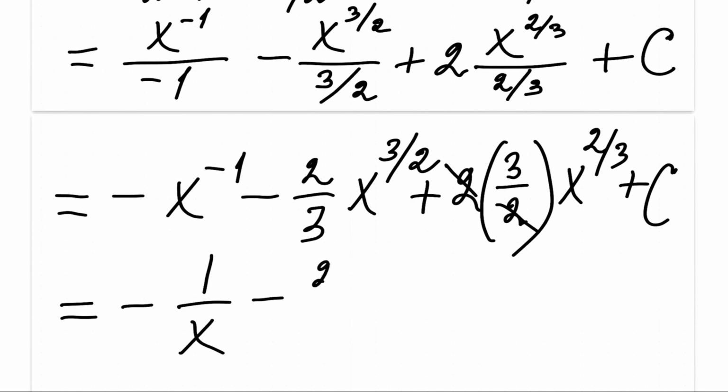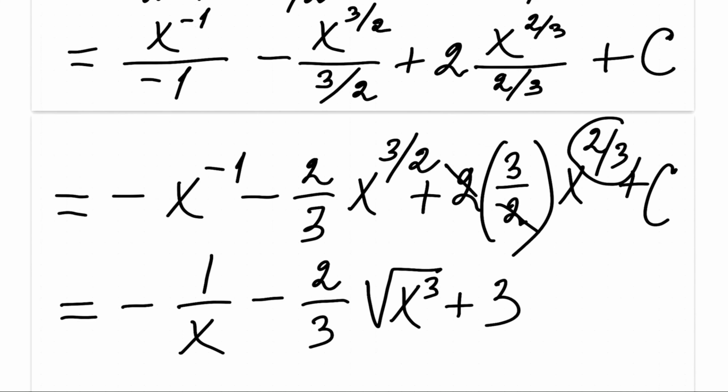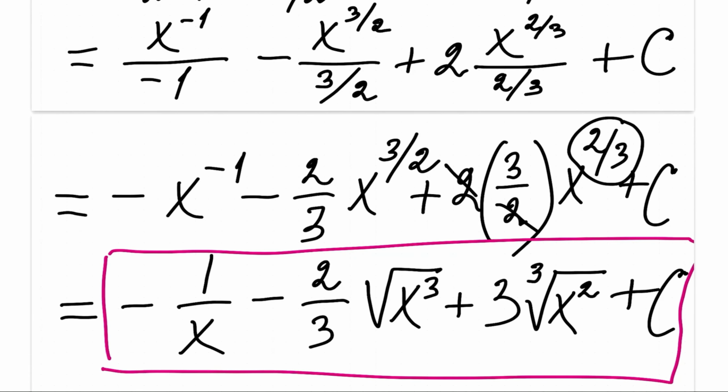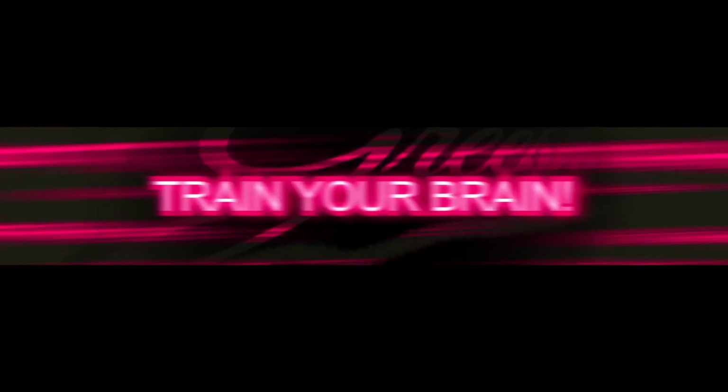Now, for the second term, 2/3, and we are going to have square root of x cubed. Remember, the bottom number takes a root, and the top number raises a variable to a power. And finally, for the last term, 2 goes away, so we are left with 3, and this fractional power, so cube root of x to the second power, plus c. Looks legit. So that's your final integral.